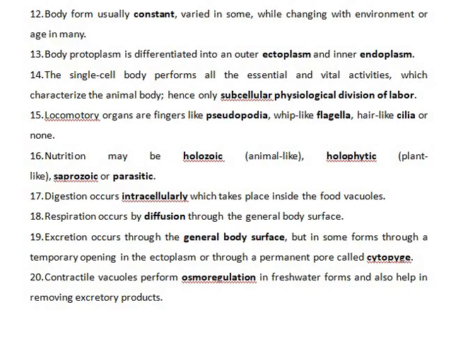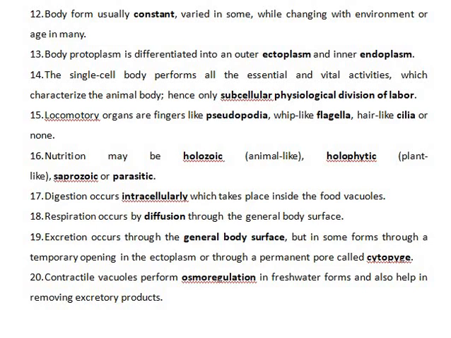Body form is usually constant, varied in some, while changing with environment or age in many. Body protoplasm is differentiated into an outer ectoplasm and an inner endoplasm. The single cell body performs all the essential and vital activities which characterize the animal body, hence there is only subcellular physiological division of labor.